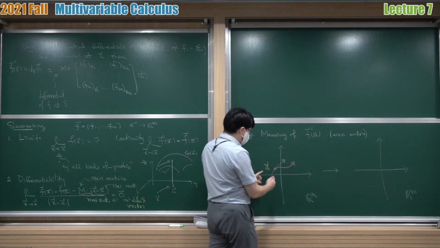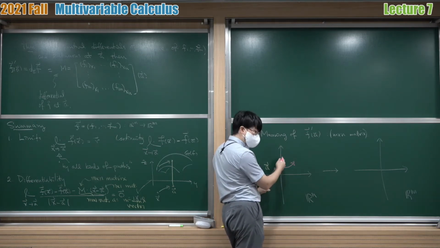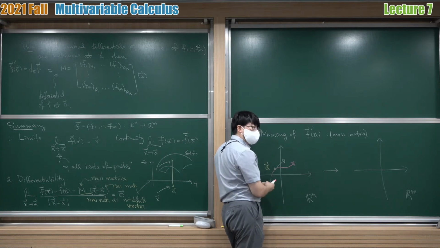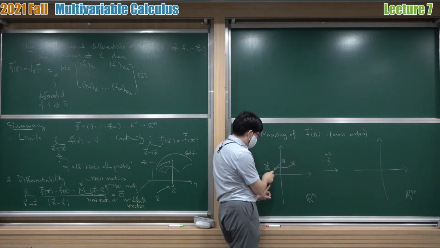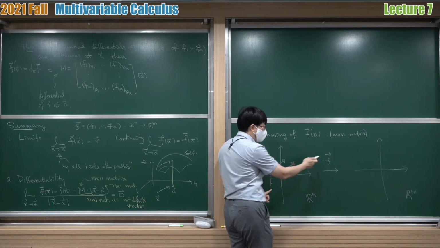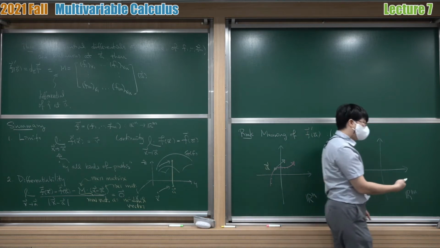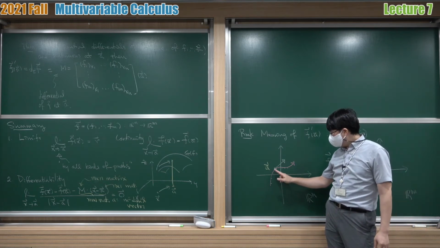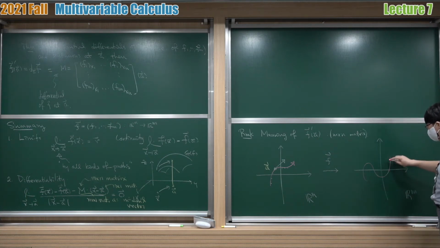For now, let's not think about the direction of movement. Let's think about the trajectory of this curve. I'm going to translate each point on this trajectory to the target space by the function f, because at each point, I have input variables. When I plug that input into the function, I get an m-dimensional vector as output. So I can draw the output of the trajectory like the following.